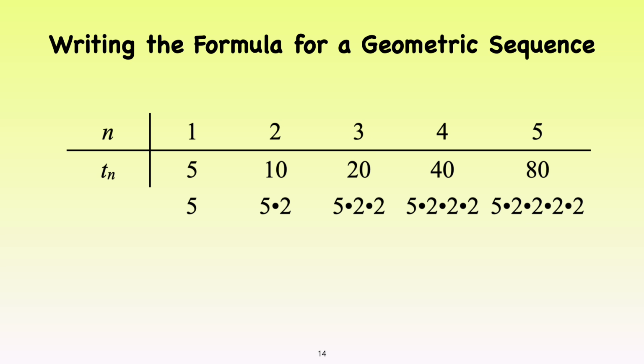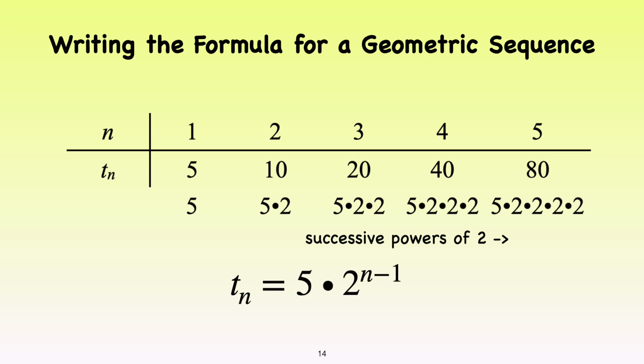The way to not multiply the first term by the ratio is to make the power on the ratio 0. The nth term, which is 1, minus 1 would be 0, and 2 to the 0th power is 1. So I would be multiplying 5 by 1. That would be the first term of the sequence.